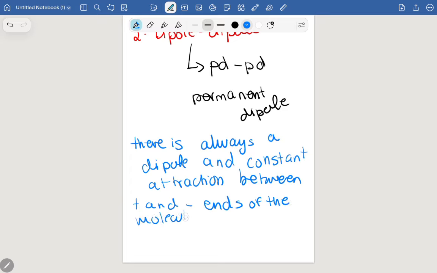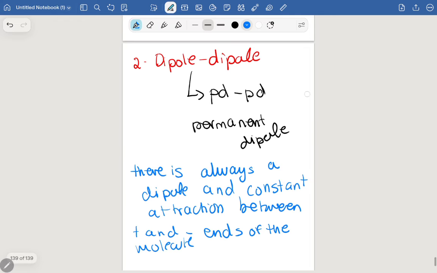Of course, we know that this is the stronger van der Waals force. It's stronger than the IDID.